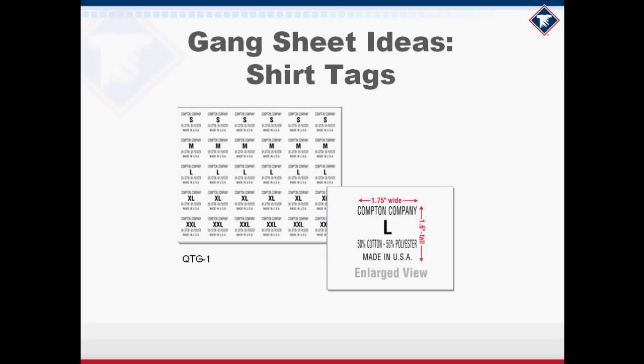If you get a tagless shirt, you just press your company's tag where the tag should be and have your company name. Maybe even instead of, again, our example here shows Compton Company, large, 50/50, made in the USA. Well, maybe instead of made in the USA, maybe it's your phone number, or maybe it's your website. Or maybe it's some kind of clever message to advertise your company. Who knows? The point is, tags are a great way to put your name out there in a subtle way.